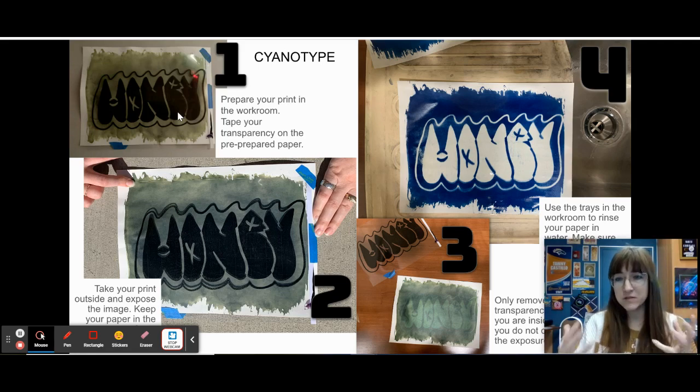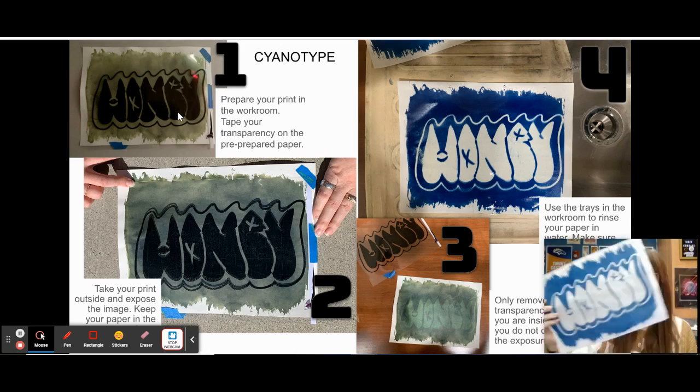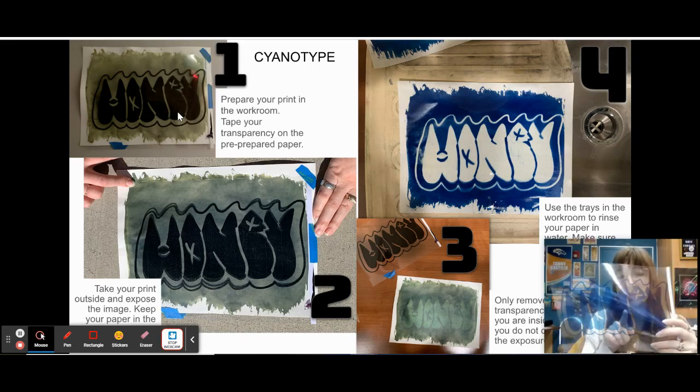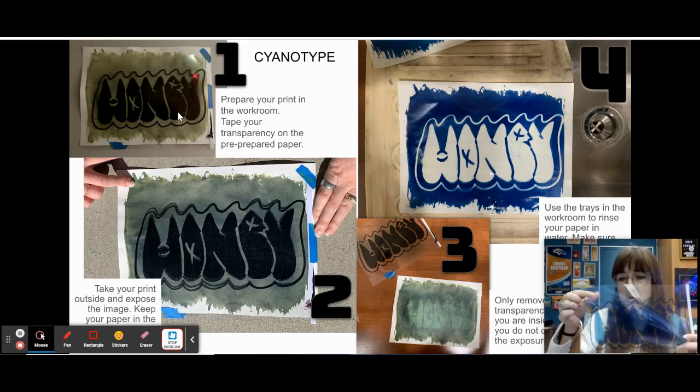And so this is kind of like a real life version of that. So here is the paper in that example. We've got our cyanotype, and then this is the transparency. Everywhere that is the color of the ink is going to be covered, and everywhere that's see-through will allow UV light to affect the image, right?